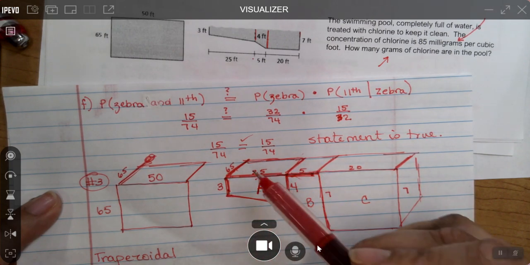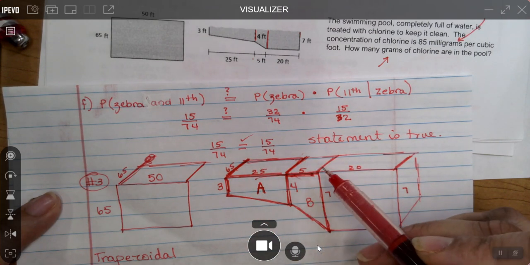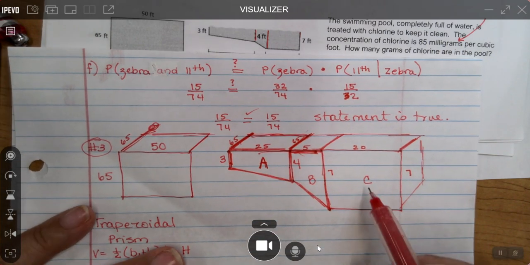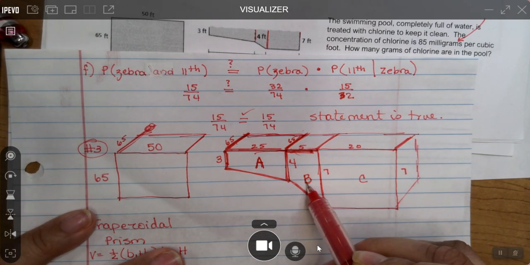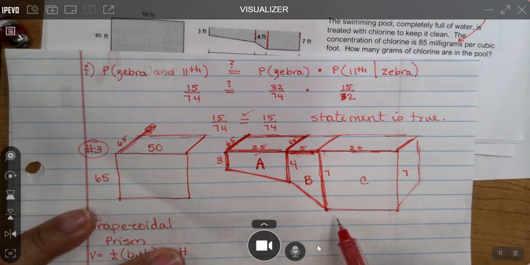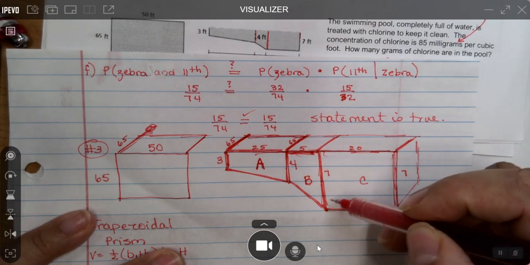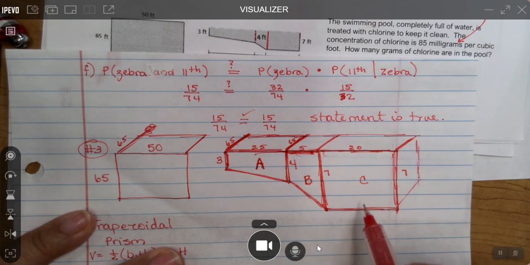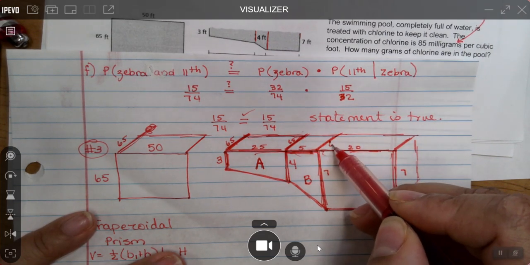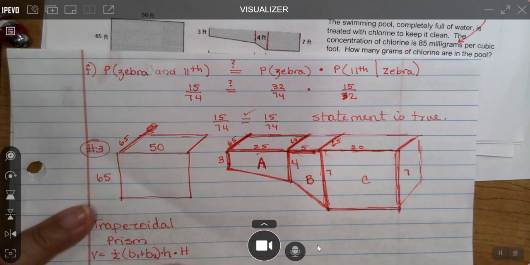And they both have 65 as the height of the prism. Then I call that B. And then the last shape is this easy one, a rectangular prism. So this is 7, 7, 20, 20. We only need the 7 and 20, and the prism has a height of 65.